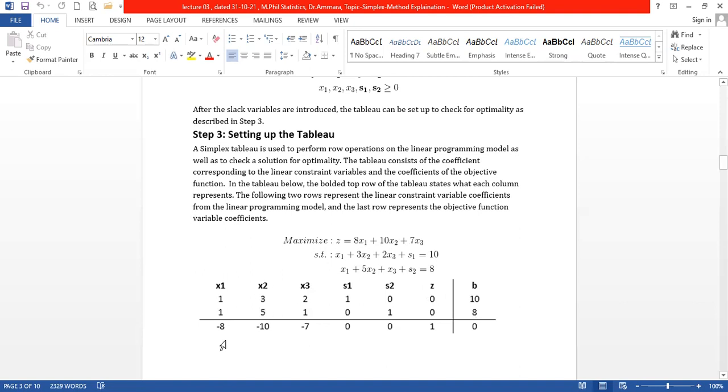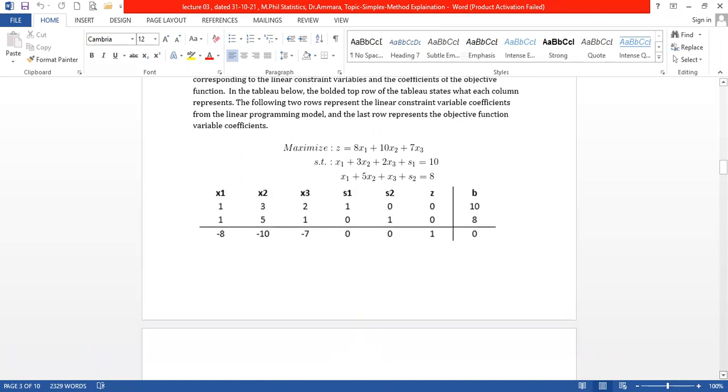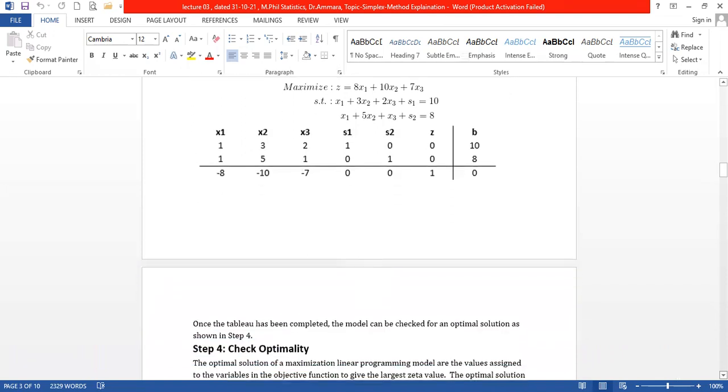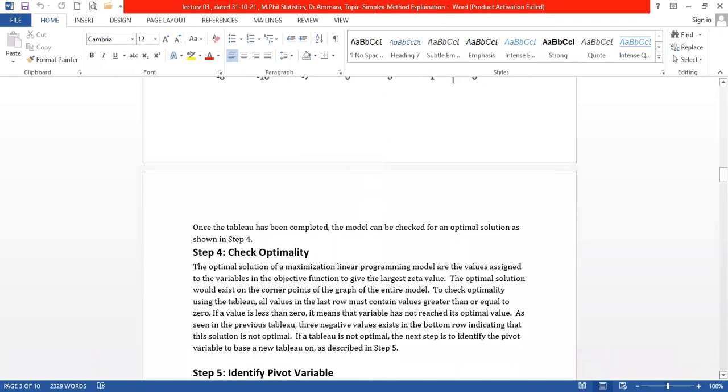So we put them as zj minus cj, the objective function minus the cost function, so their signs are changed. S1 cost coefficient is 0, S2 cost coefficient is 0, and Z has 1, so we put 1 over there.